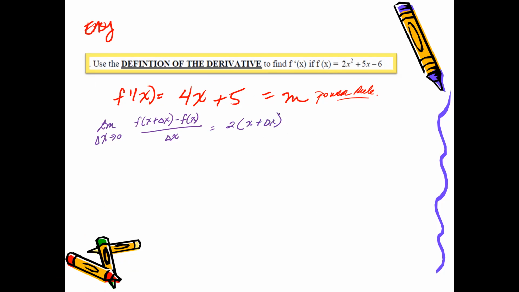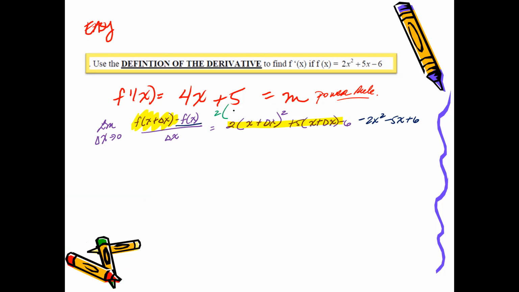2 times x plus delta x squared plus 5 times x plus delta x minus 6. That right there is just your first part. I still need to keep going with the minus f of x, which is minus 2x squared minus 5x plus 6. All right, so then let's go ahead and FOIL this.